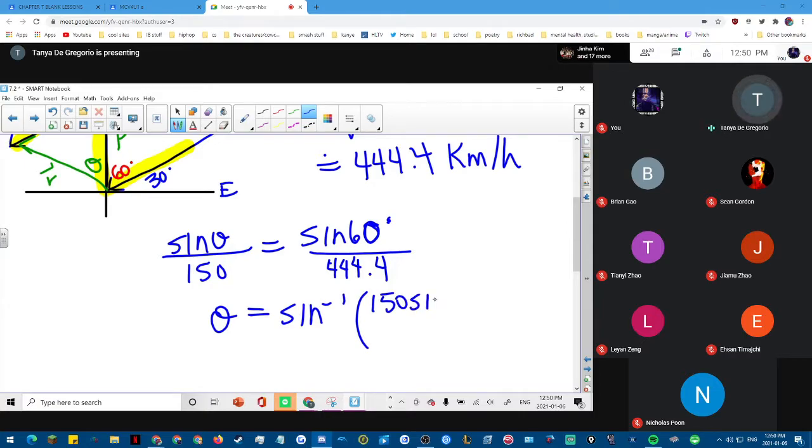I'm going to cross multiply. And so then theta is equal to, give it to me to the nearest degree. 17. Okay, and now our statement.